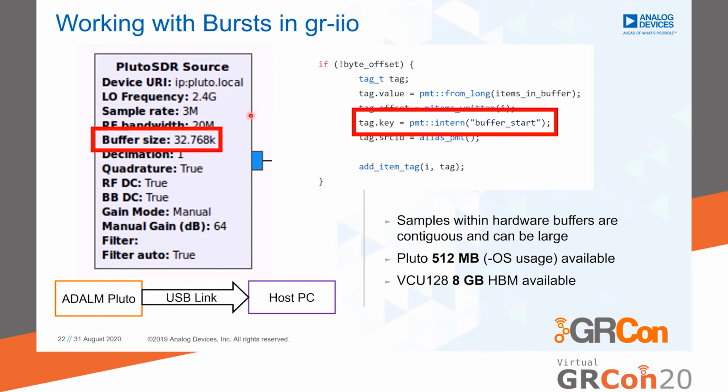When I'm talking about hardware, I'm talking about Pluto itself. So how much space in DDR is it allocating for samples? The distinction here is that this buffer will be contiguous. Any data saved in a single buffer will be guaranteed contiguous. Successive buffers do not have that guarantee.